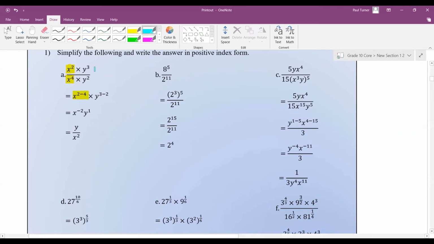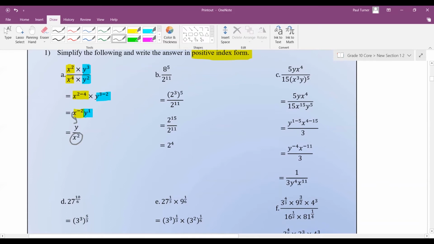And for y, y^3 on y^2, which is y^(3-2), okay? Which gives you y^1. And 2 minus 4 is minus 2. And we want a positive index form. They did answer that in the question. So then we put the x^-2 down under, and I get x squared in the base.